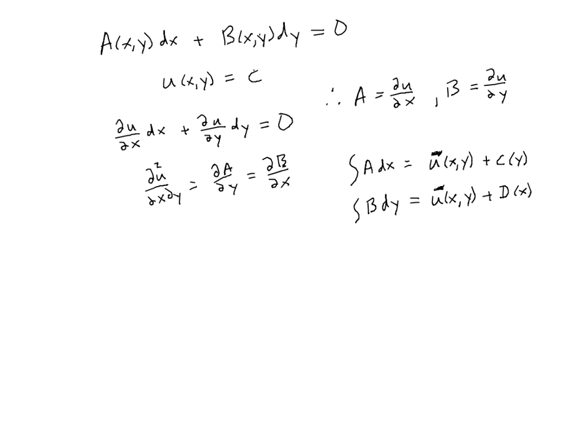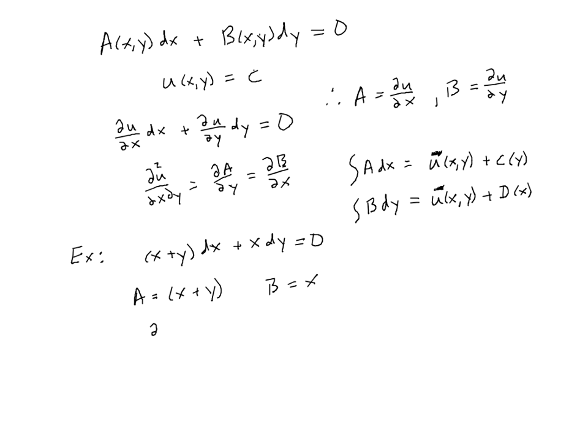So let's do an example with this. Let's say, for example, we've got x plus y dx plus x dy is equal to 0. In this case, we have a is equal to x plus y, and we have b is equal to x.